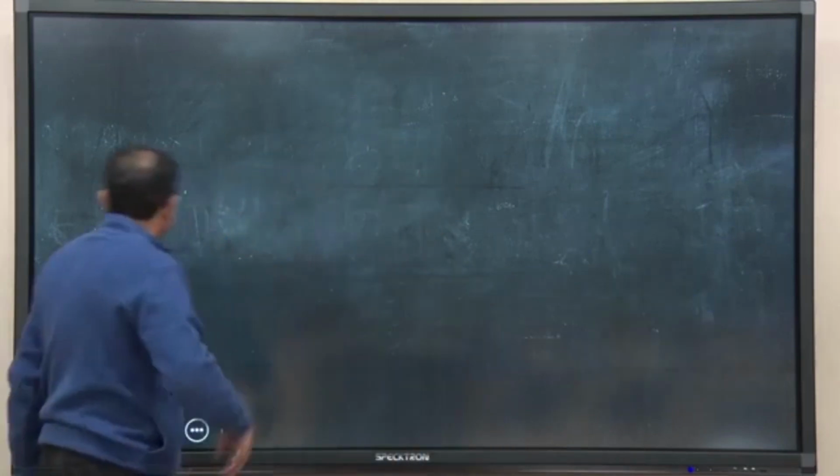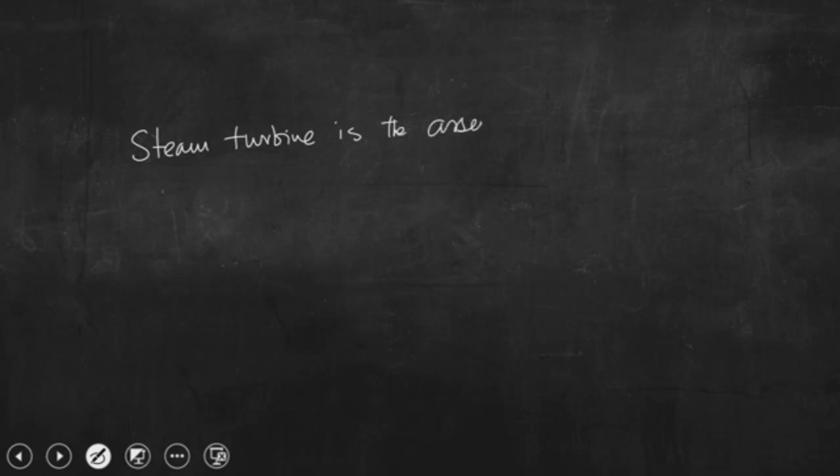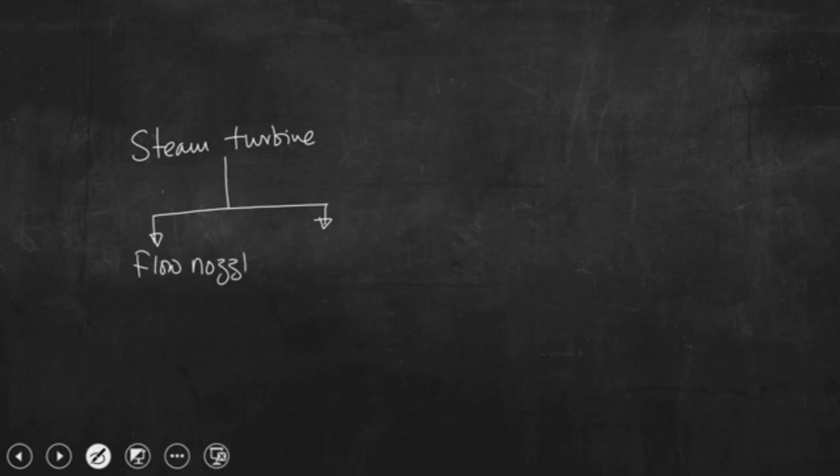So, let me write here: steam turbine is the assemblage of flow nozzles and turbine blades.